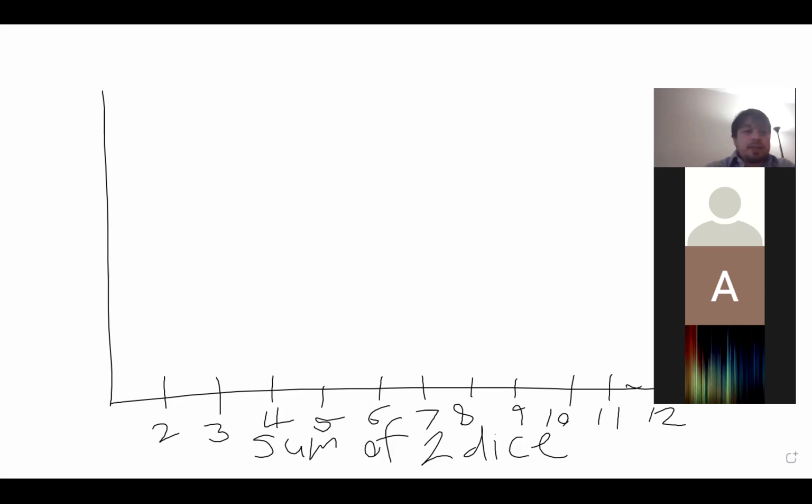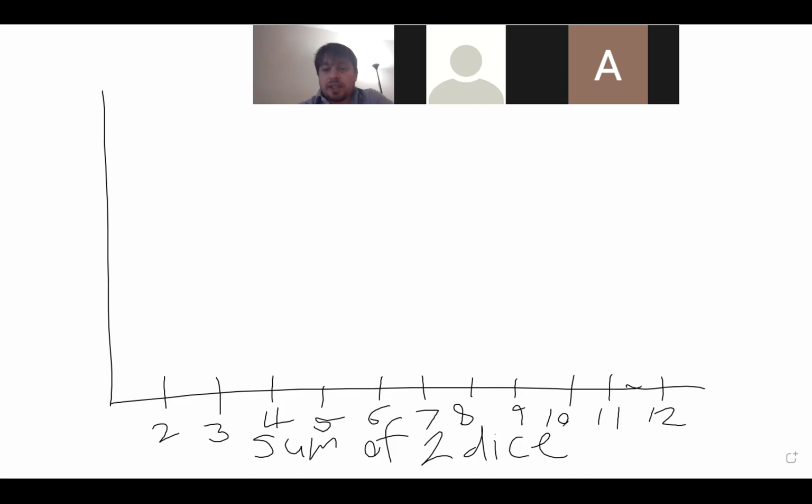Okay. Now, another class, we found the probabilities of each of these things. Right. So what I'm going to do here, though, is say we already have those probabilities, and we're just going to use the bar chart to express them. Okay.